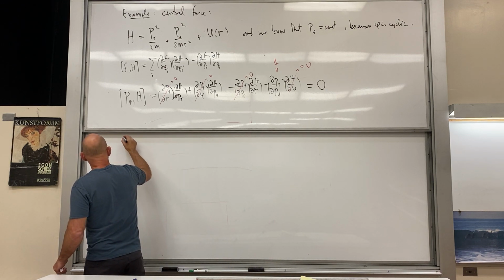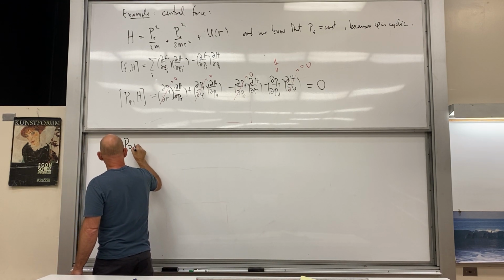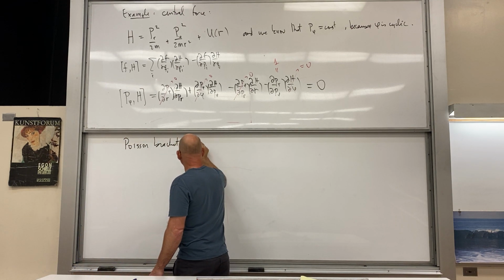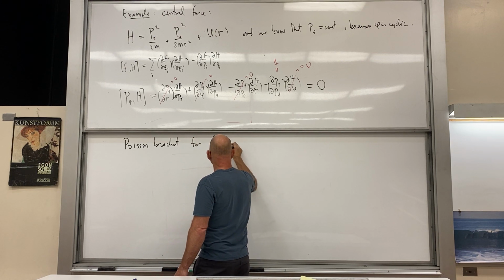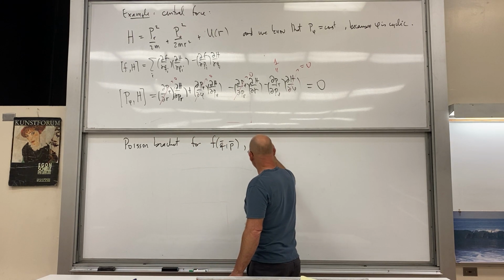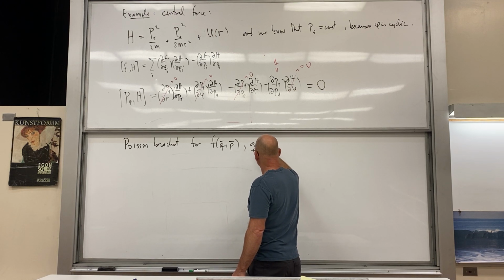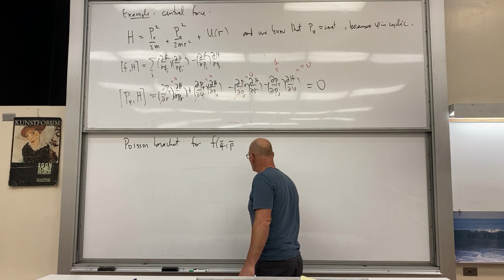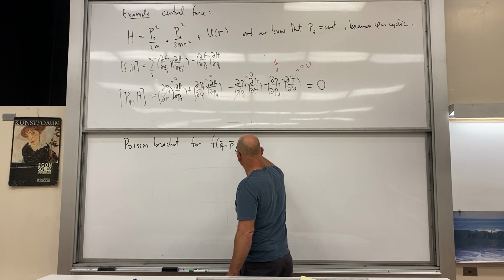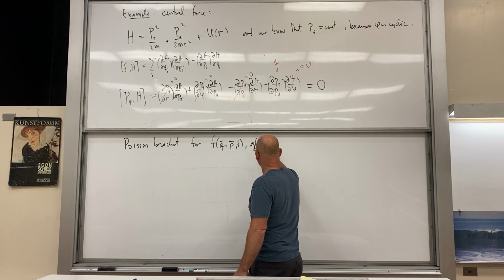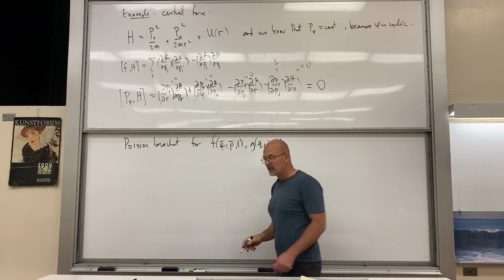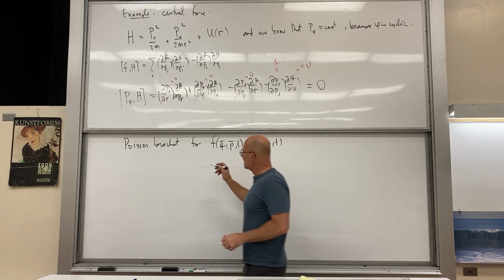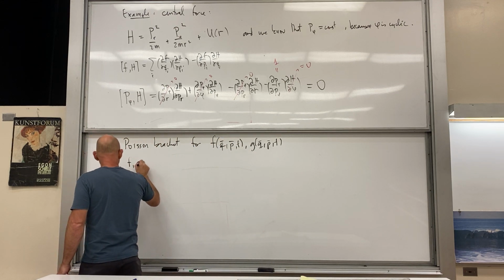The Poisson bracket for f of q and p, and g of q and p, and in fact we can put the time in there as well, g of q, p, and t. So now we have the same definition as we did here, except instead of H, we have g. So we have {f, g}.